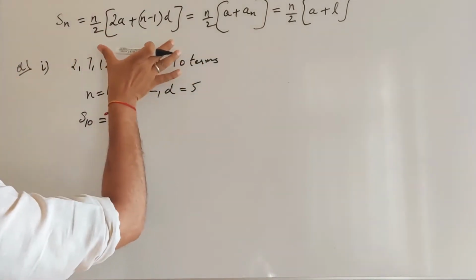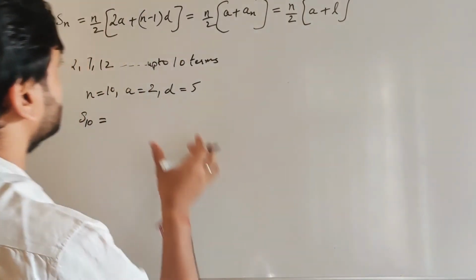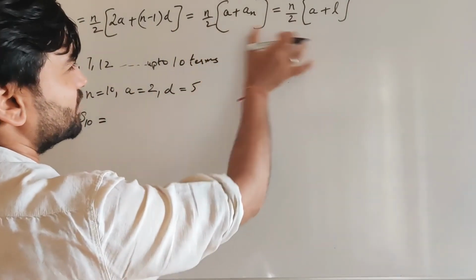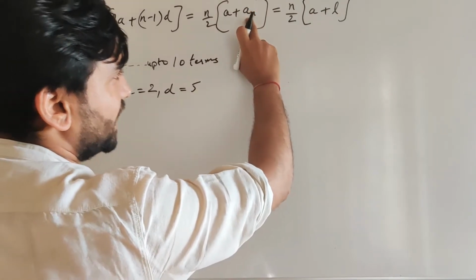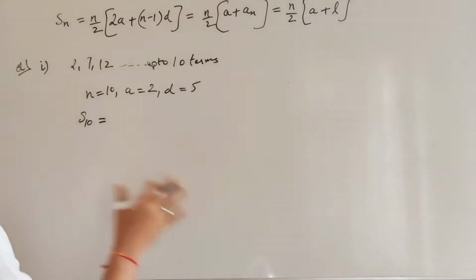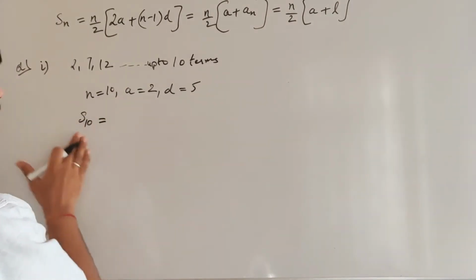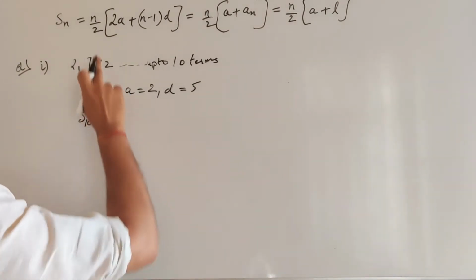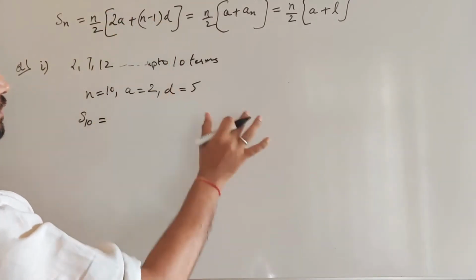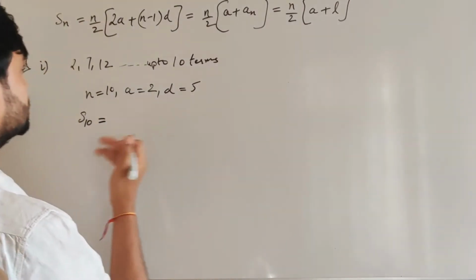So S10, using the formula. These are the three formulas we had learned in the last class. These two are one and the same, just the nth term denoted by L as well, the last term. In this formula n is 10, and we know the a value and the d value, so it is just substitution and simplifying.